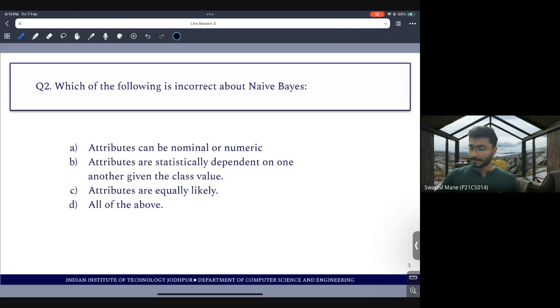So in the lecture, so okay. Any guess for this question, or if you have not found the correct answer, you may take a guess also.